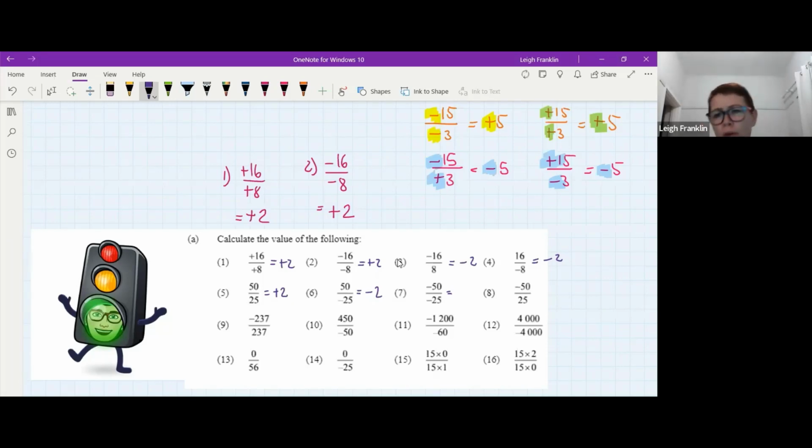Okay, so the only time we can get 1 when we divide is if we divide something by itself. Because 25 is not the same as 50, we can't get 1 as an answer. So here the answer was supposed to have been +2, because +2 times -25 is -50.